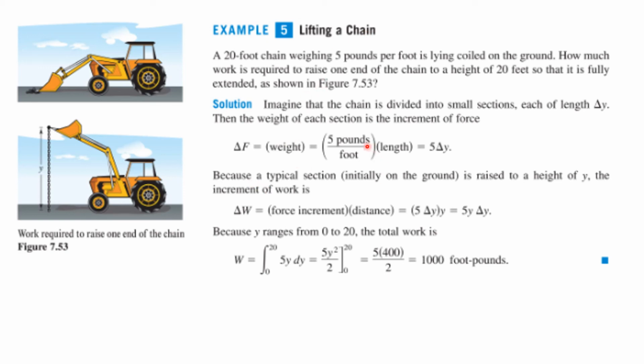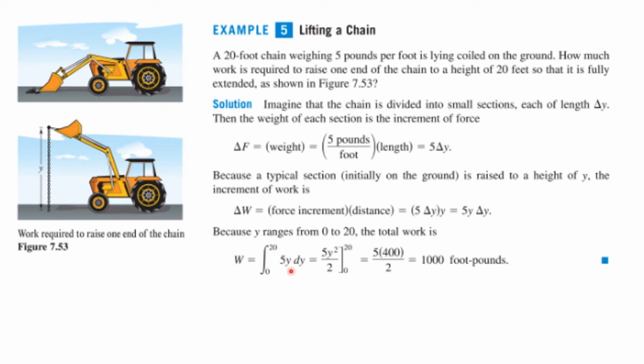Well, we know that the chain is 5 pounds per foot times the length. So taking a little sliver of this, delta F is equal to 5 delta y. And if we are at a height of y, this is 5 delta y times y if you're lifting it y.